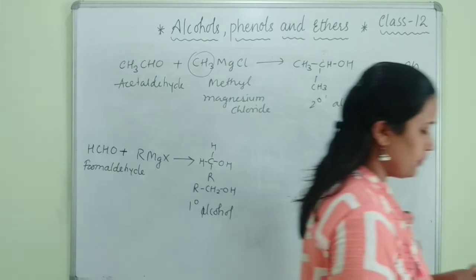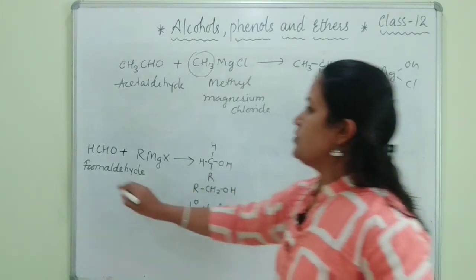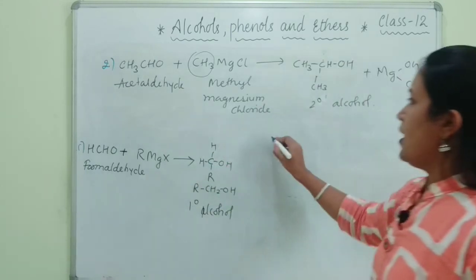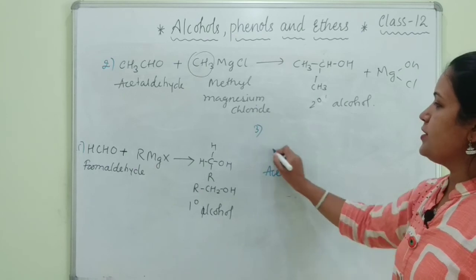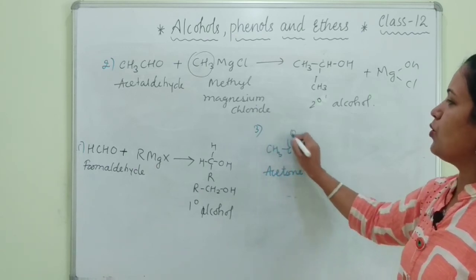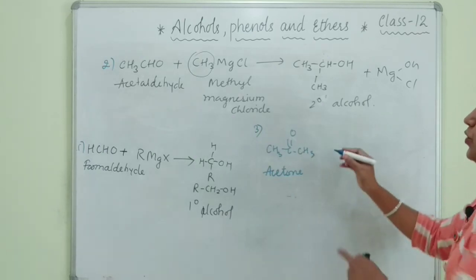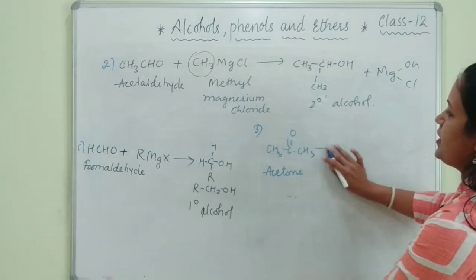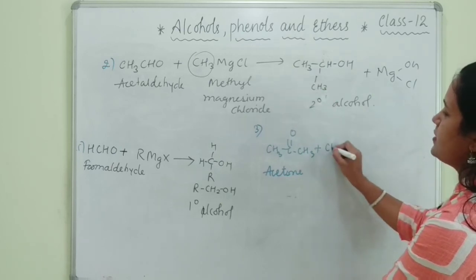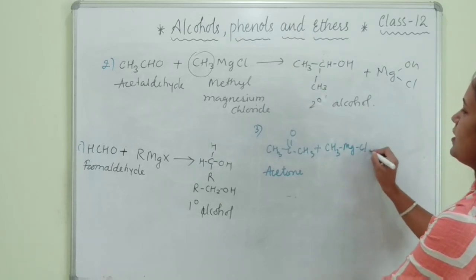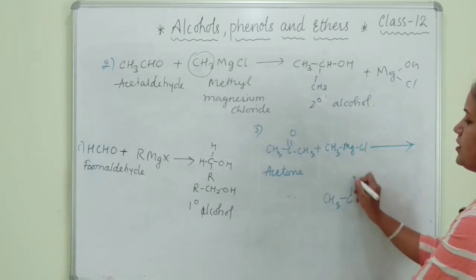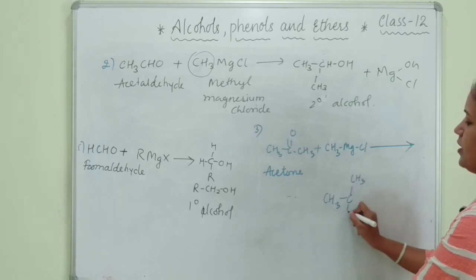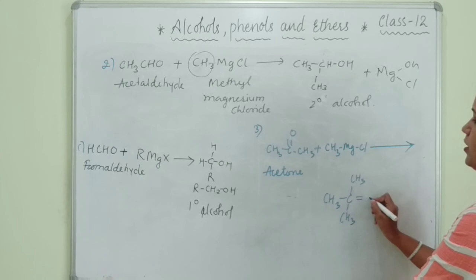Similarly, students, we can solve one more question. So this is first, second, and now third. In the third, I am taking acetone. The formula of acetone is CH3C double bond O CH3. When it reacts with, again I am taking CH3MgCl, it will react and we can get the product as CH3, then one more CH3, single bond OH.